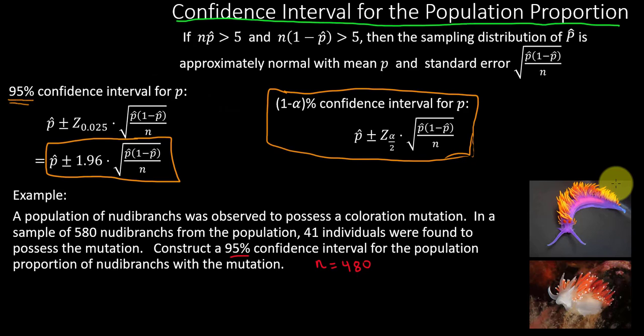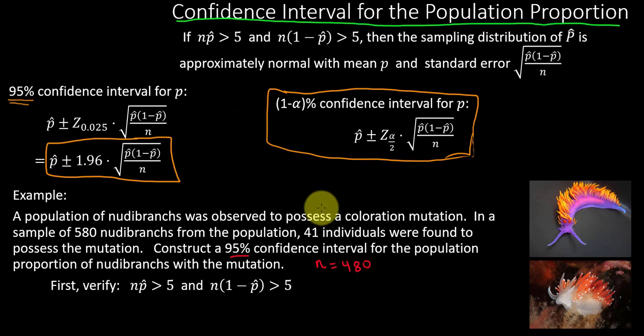Now, before we construct this confidence interval first, we need to check that these requirements are met in order for us to utilize the standard normal distribution. So I already identified our sample size n. Our sample proportion is 41 successes, individuals with the mutation, out of our sample size of 580. I just noticed that typo, so I have fixed that here.